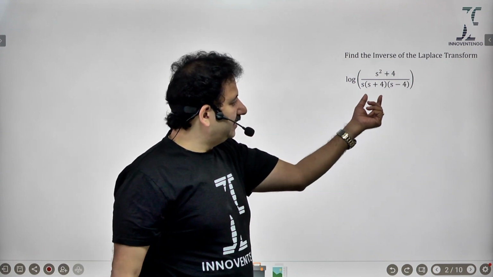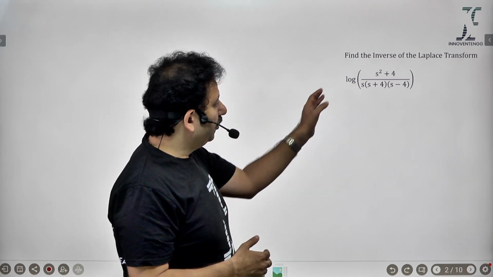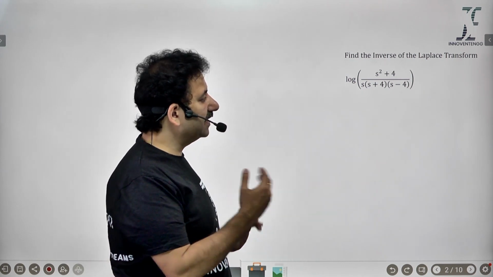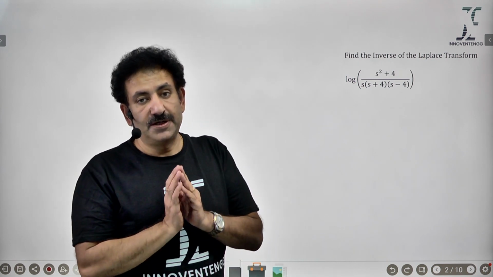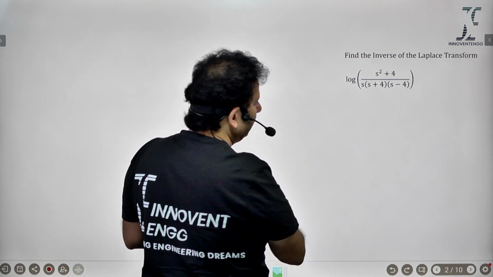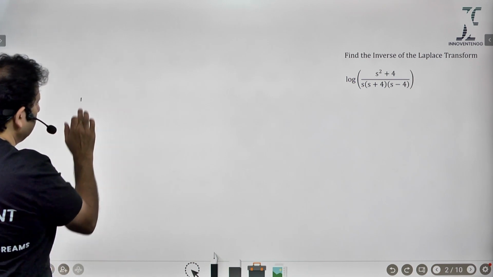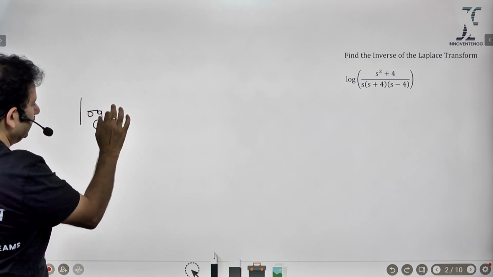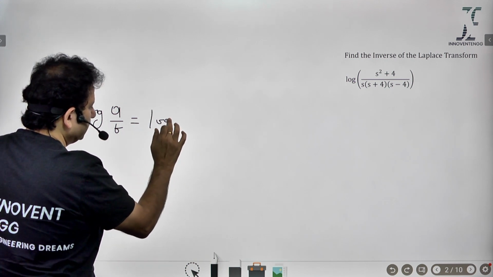So I cannot differentiate this straight away, because it will become complex, and also unless you simplify this and then differentiate, even while seeking the inverse Laplace transform, it becomes difficult. So I would use the basic algebra of logarithms, and remember the following rules. Though it is very trivial, let me write it for you, because sometimes you may get confused as a beginner.